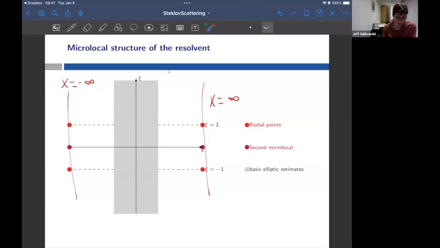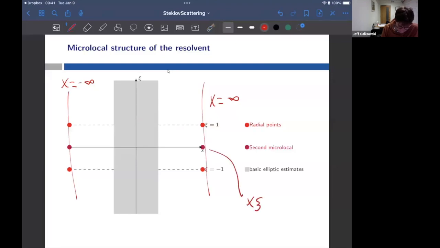So, okay, I'm going to tell you some key words. So you have radial point estimates near c is plus and minus 1 at x is plus and minus infinity. Okay, I'm not going to say exactly what that means. And then near x equals 0, because of this problem with low frequencies, the long distance propagation of low frequencies, you have to localize in the variable x times c.